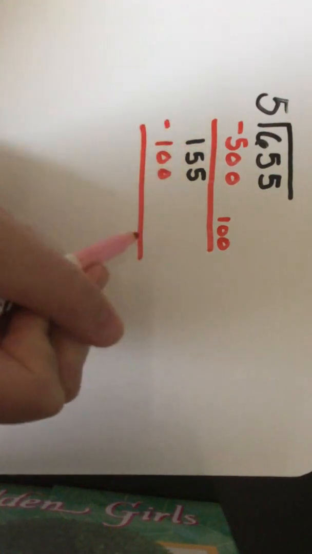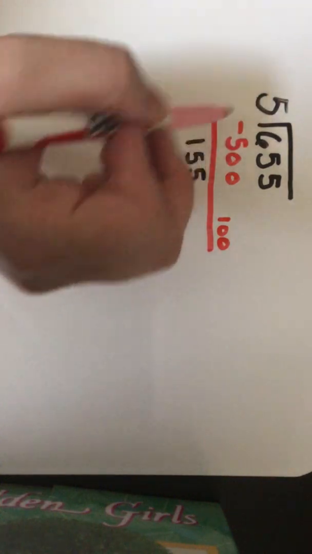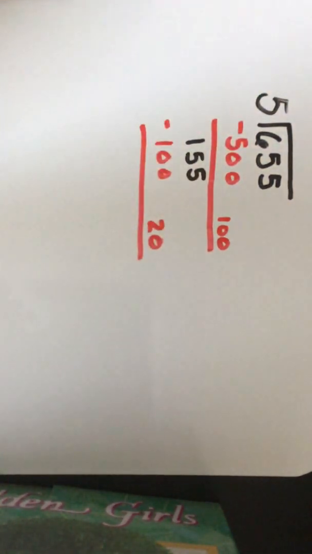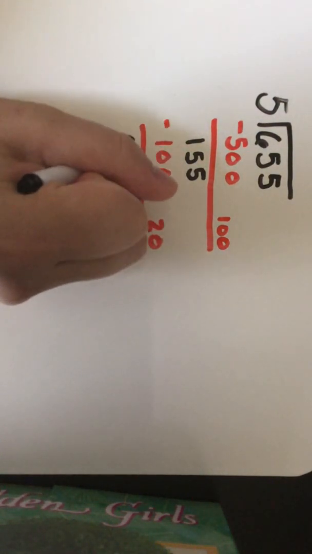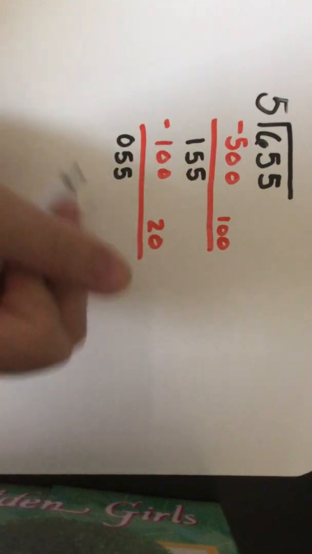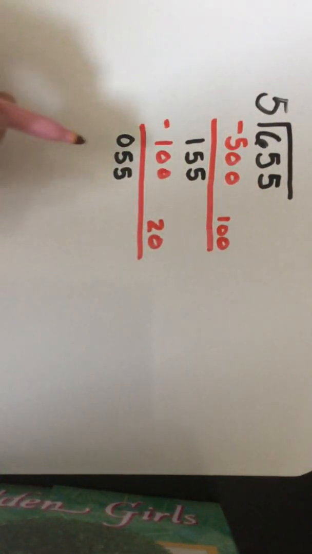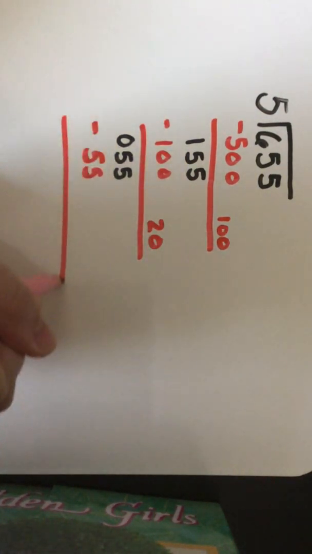One thing I have to say is it becomes very important to be able to do our multiples at this point. 5 times what equals 100? 20. And then we continue doing our division. 0, 5, 5. And I know that 5 times something is 55. Minus 55 equals 0.